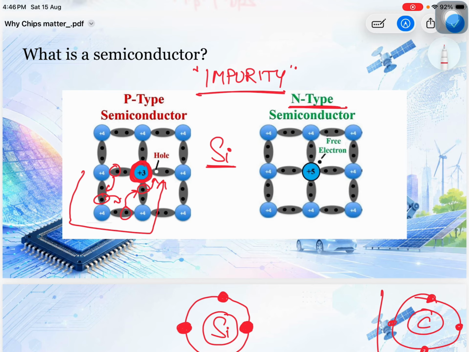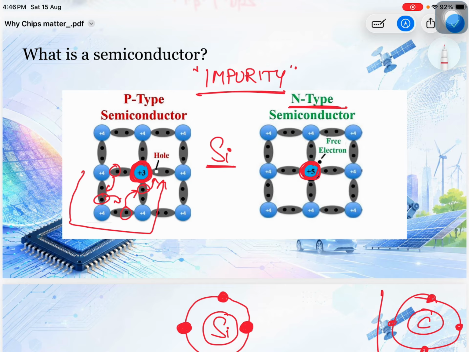N type semiconductor is exactly like p type with a slight difference. The impurity in n type, or negative type, semiconductor has 5 electrons rather than 3. 3 electrons created a lack of electron in the outermost shell, a hole. Instead, n type semiconductor creates a free electron.